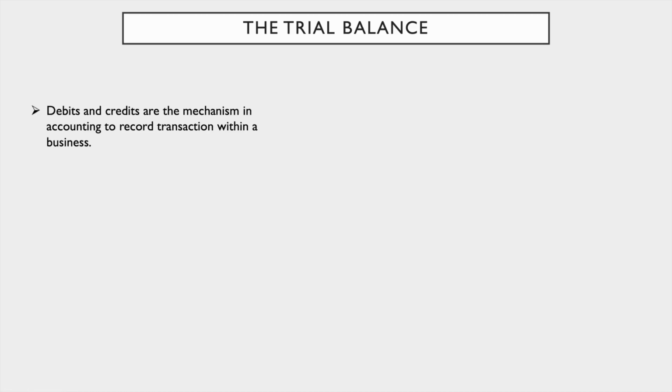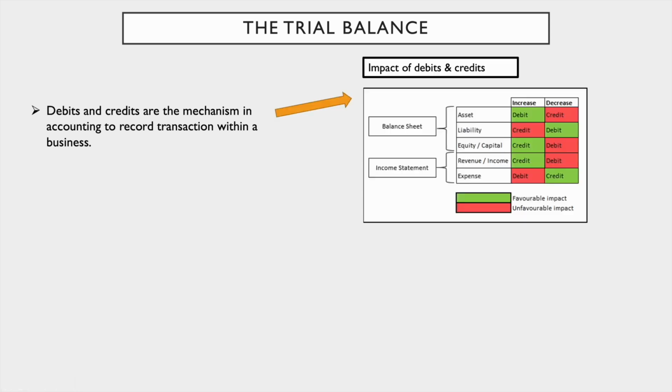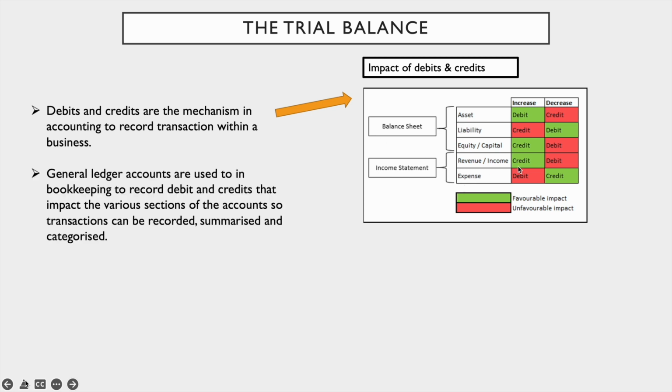Just by way of a recap, debits and credits are the mechanism in accounting to record transactions within a business. You recall that the impact of debits and credits on various types of accounts is set out here. General ledger accounts are used in bookkeeping to record debits and credits so that the impact of various sections of the accounts can be recorded, summarized, and categorized.